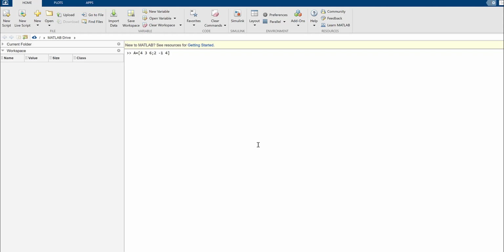If I don't use a semicolon at the end and I hit enter, there's my A matrix, and notice it saves to my workspace as a 2 by 3 matrix with those values. Now all I have to do is RREF of A, and boom, there it comes out. So my V1 was 1.8 and my I2 was minus 0.4.